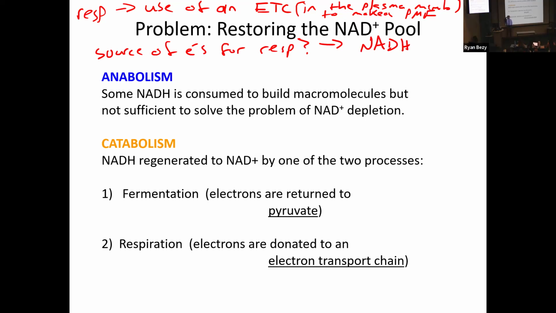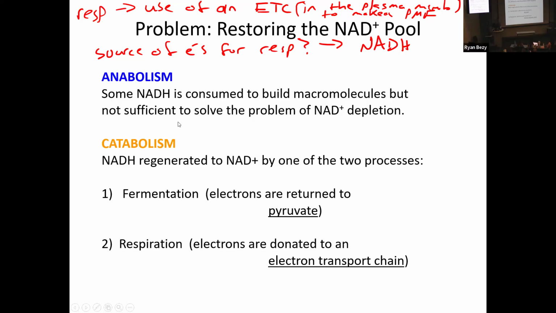NADH is going to transfer those electrons into the electron transport chain. Those electrons are going to move from one member of the electron transport chain to the next, to the next, to the next, to the next. And the energy from those electrons is used to then pump protons across the membrane and make a proton motive force, which is one of the three main energy intermediates in there.